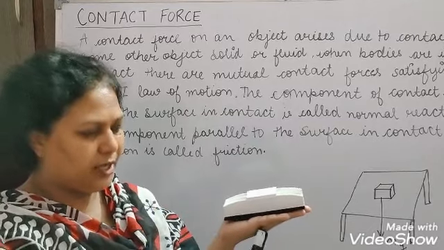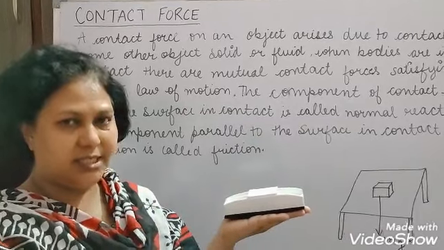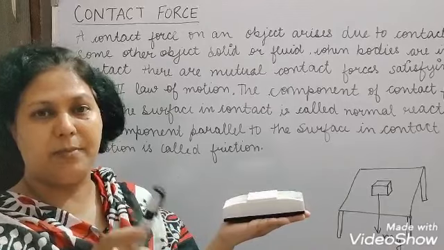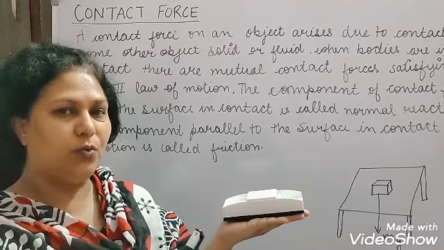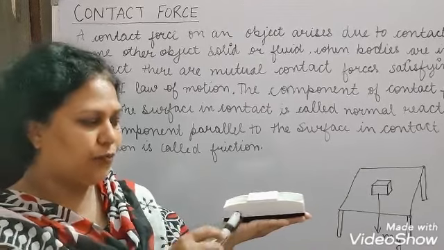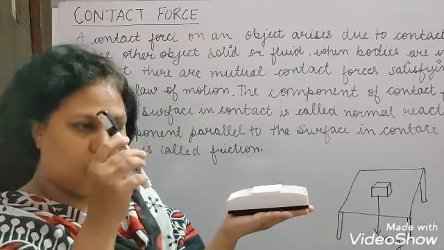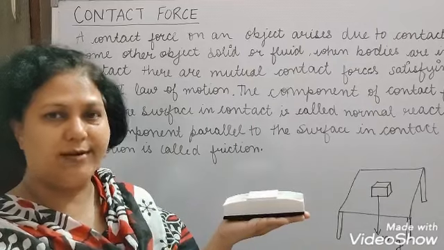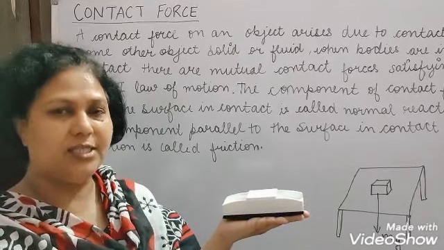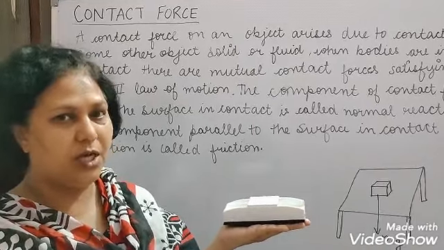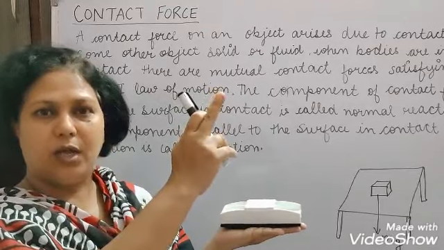That means 50 gram multiplied by 10, which will be equal to 500 Newton. So 500 Newton force is working downward. So automatically a normal reaction would be there which is equal to 500 Newton, working perpendicular upward.